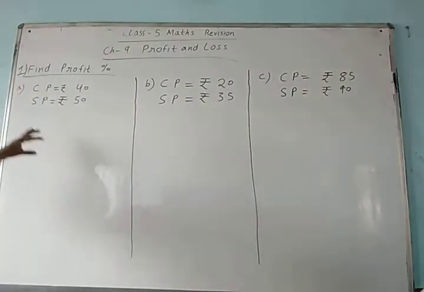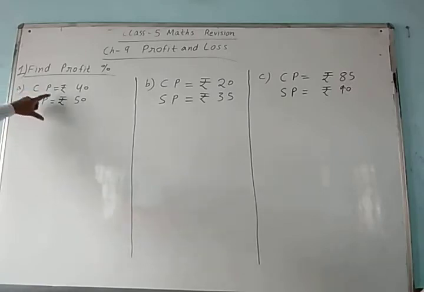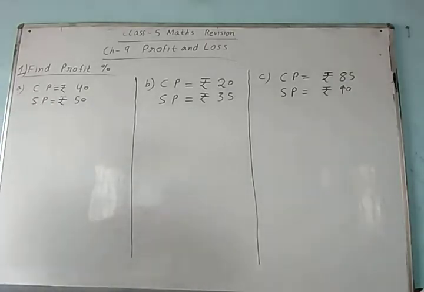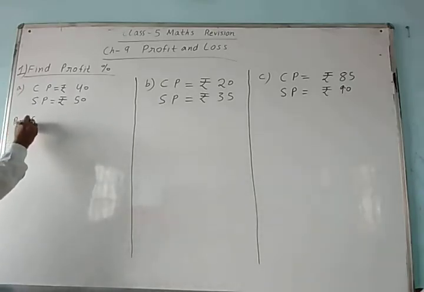First question, find profit percent. Students, see here 1a, cost price rupees 40, selling price rupees 50. Selling price is greater than cost price. So student, it is profit. Now how to find out profit percent?